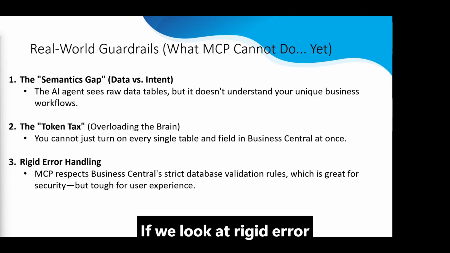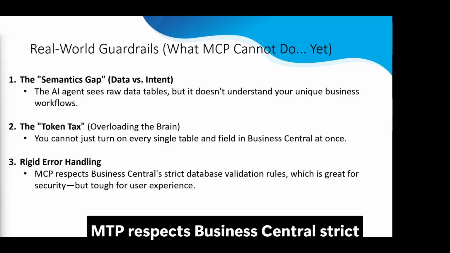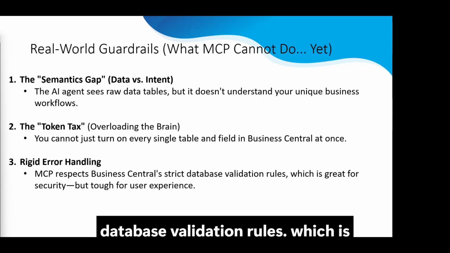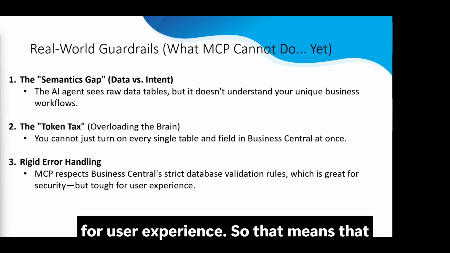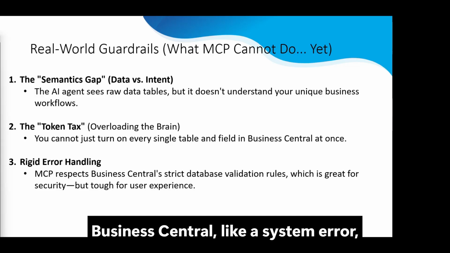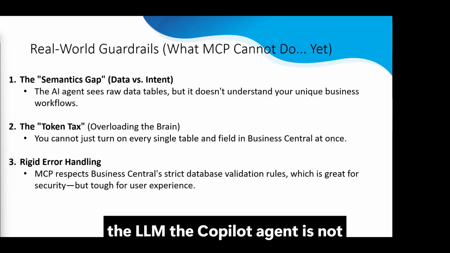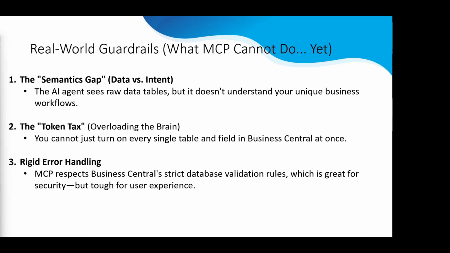If we look at rigid error handling, MCP respects Business Central's strict database validation rules, which is great for security, but it could be tough for user experience. So that means that if we get any errors in Business Central, like a system error, the LLM, the Copilot agent, is not always gracefully returning that error, and it can sometimes give up.